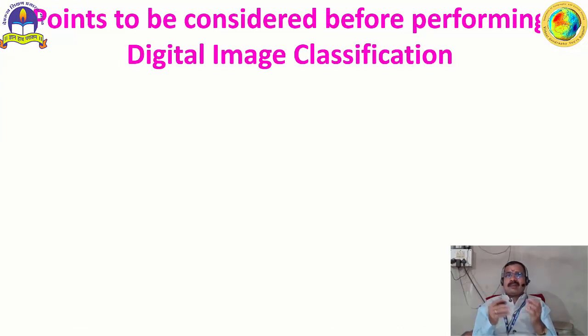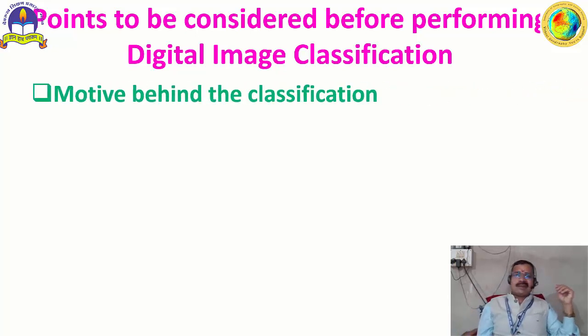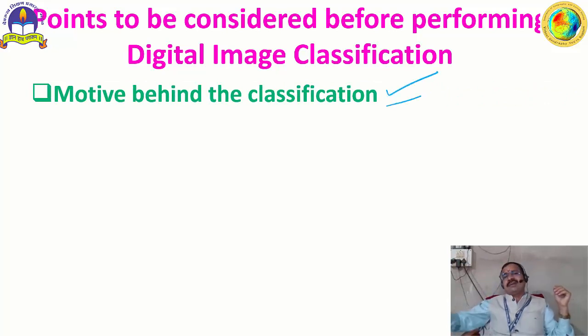Now, suppose you are going to classify your image, I mean your area of interest. At that time, you need to consider certain points before performing the digital image classification. First thing, what is the motive behind the digital image classification? Suppose I am interested to extract only water bodies, because I don't know to what extent expertise is available among the participants.